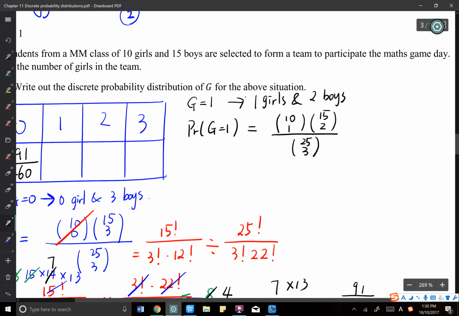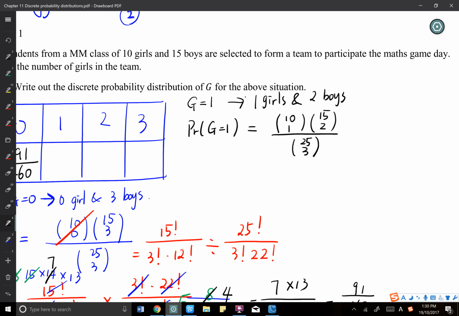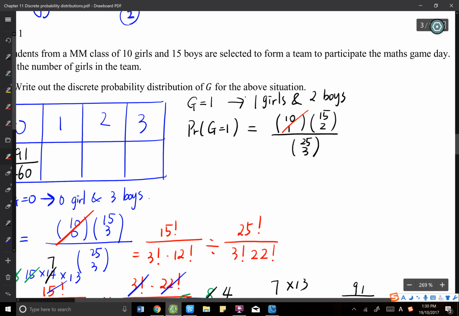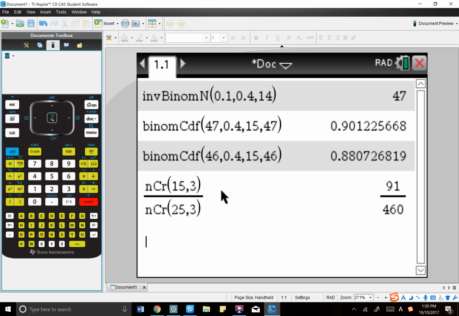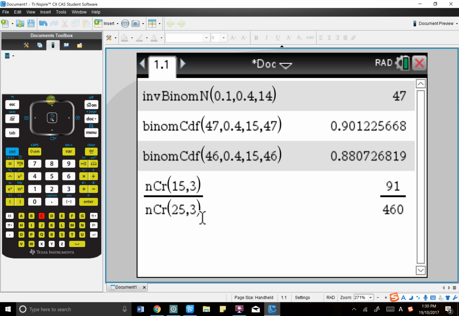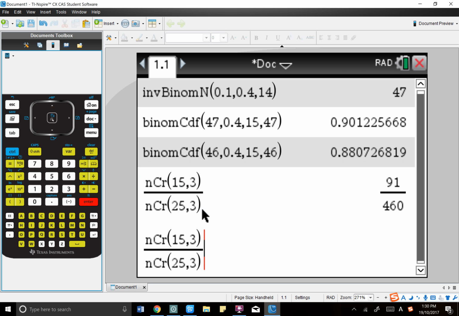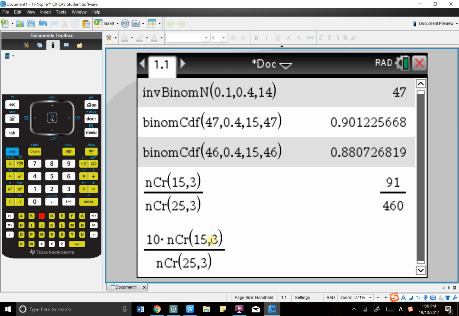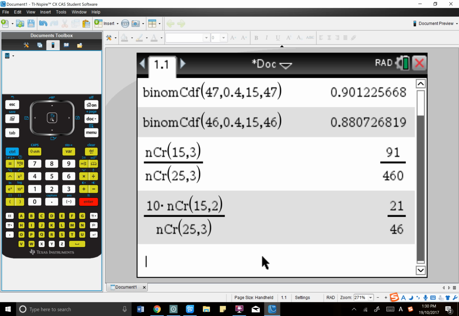What's 10 choose 1 equal to? It's 10, so that will change to a 10. With the calculator out, I just copy this down, and this 10 times this one becomes a 2. Enter. That's 21 over 46.